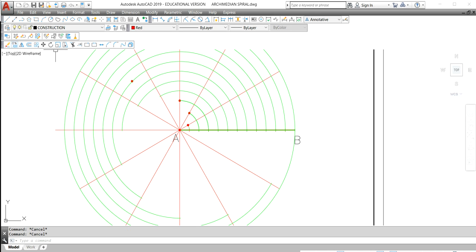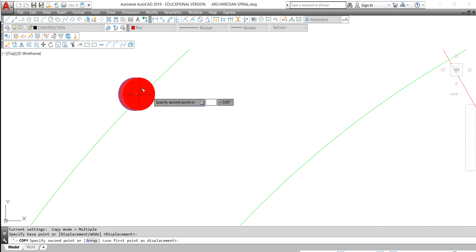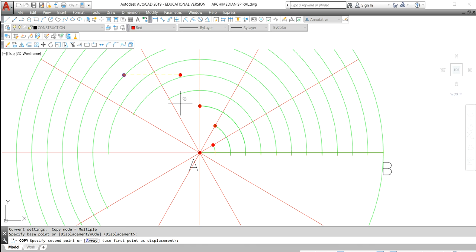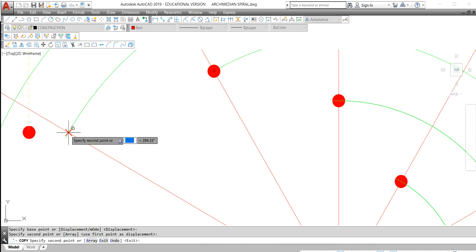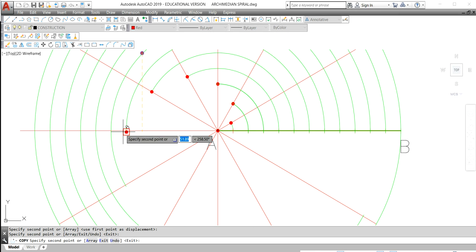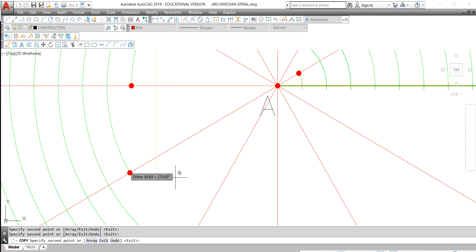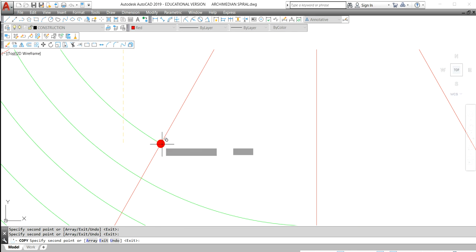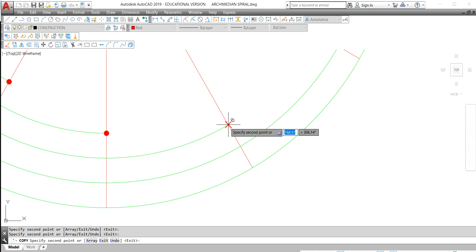Okay? Always the best way not to get confused: mark each point in every step you take. We have a point there, we have a point there. So every time you use the compass, make sure you stop on the respective radial and mark it with the point.